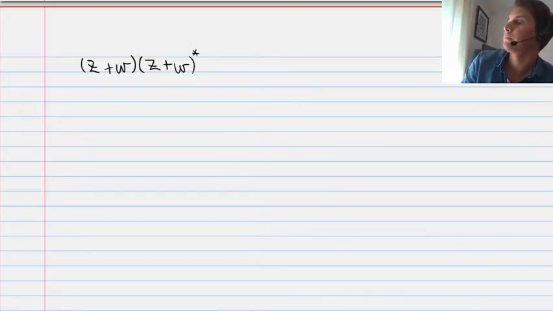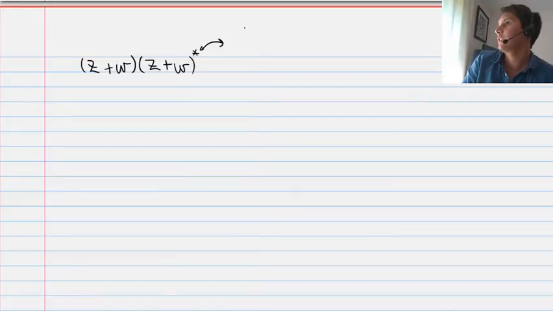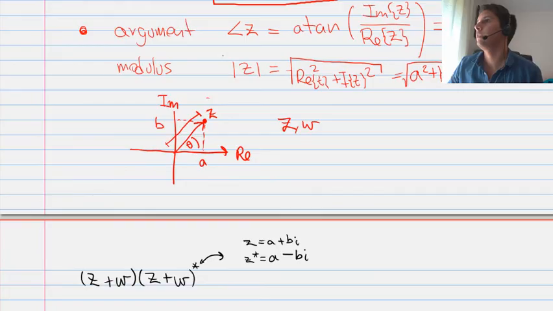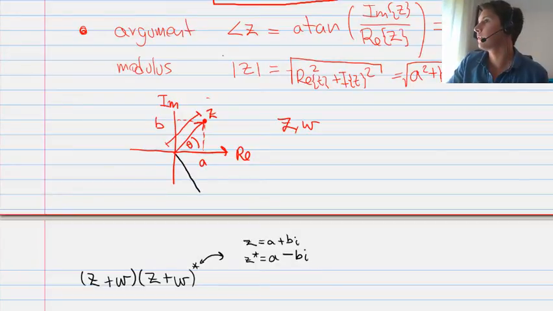Okay, the complex conjugate of a complex number, for example if we had z equal to a plus bi, is a minus bi, or in our previous drawing, the reflection of the complex number across the real axis.